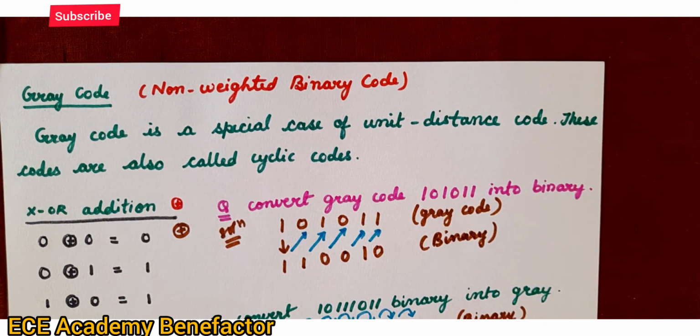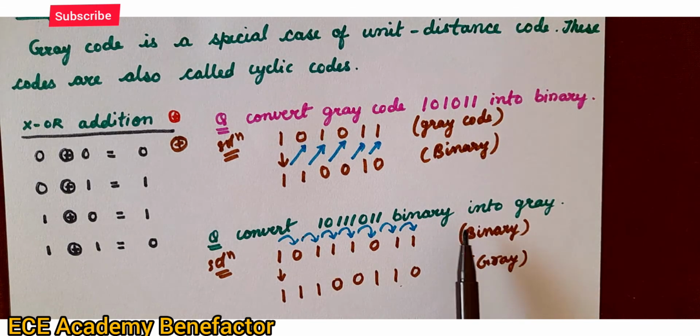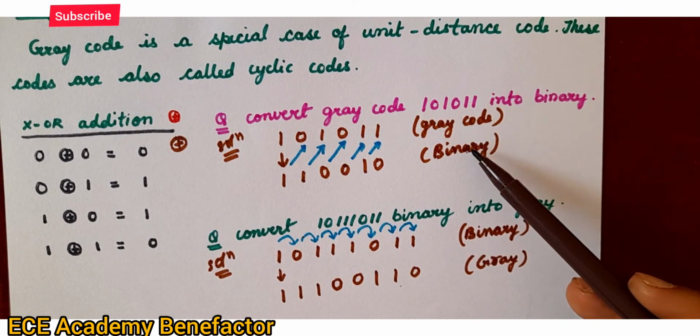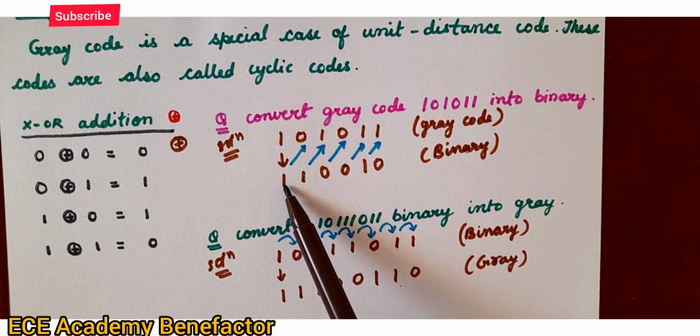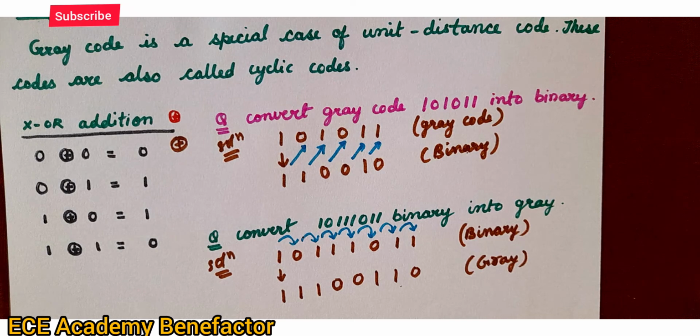Okay. So, when you are doing binary to Gray, we are writing the MSB bit as it is and doing sequential XOR addition. And when you are converting Gray to binary, write the MSB bit as it is and then do diagonal XOR addition.